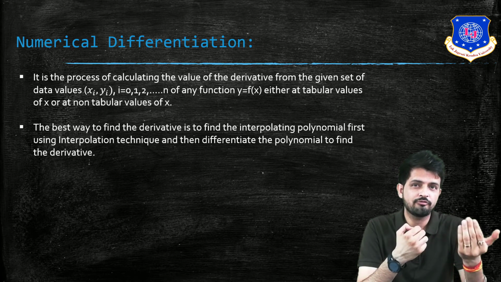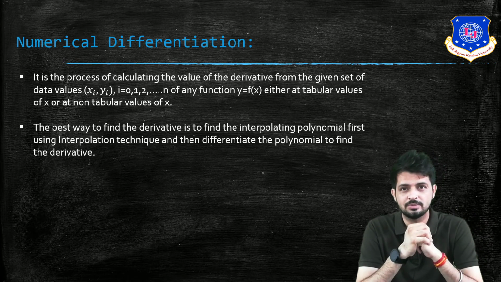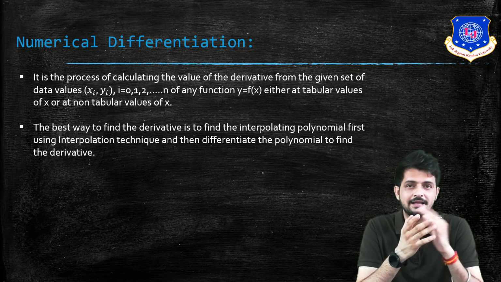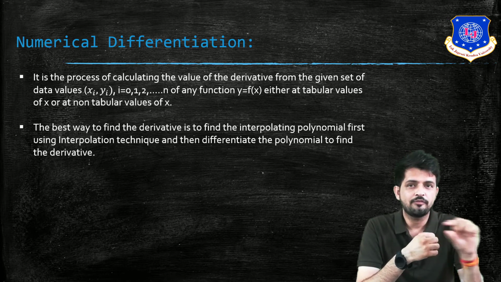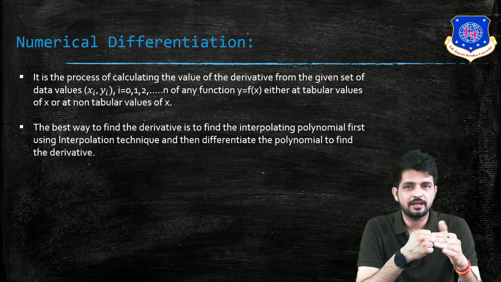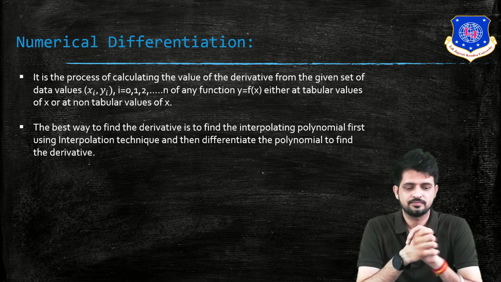If you want higher order derivatives, that is also possible. Like if f of x is given, we can find f dash of x, and f double dash of x from that. In this way we can find the numerical differentiation.